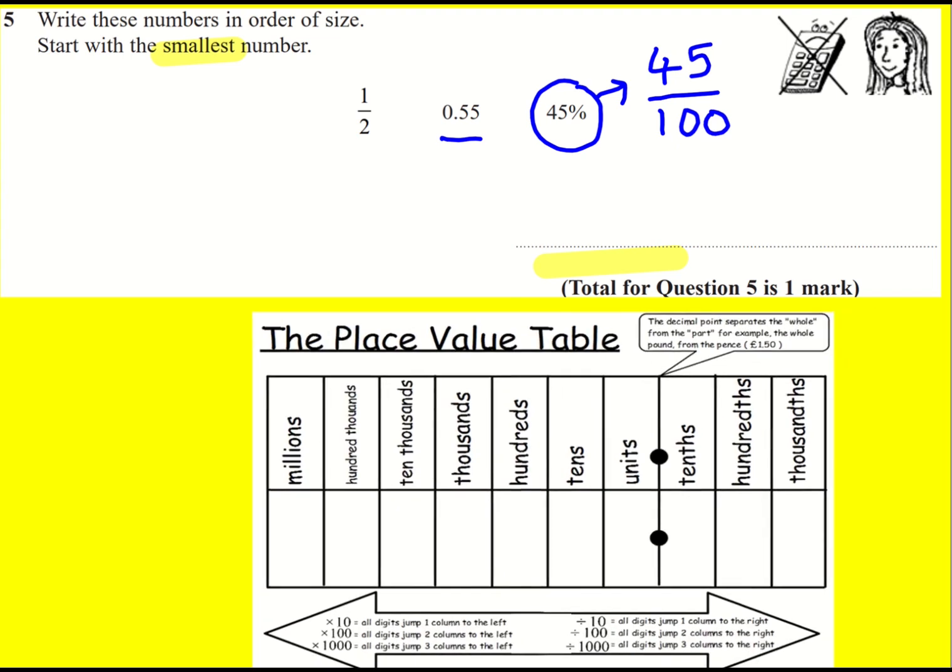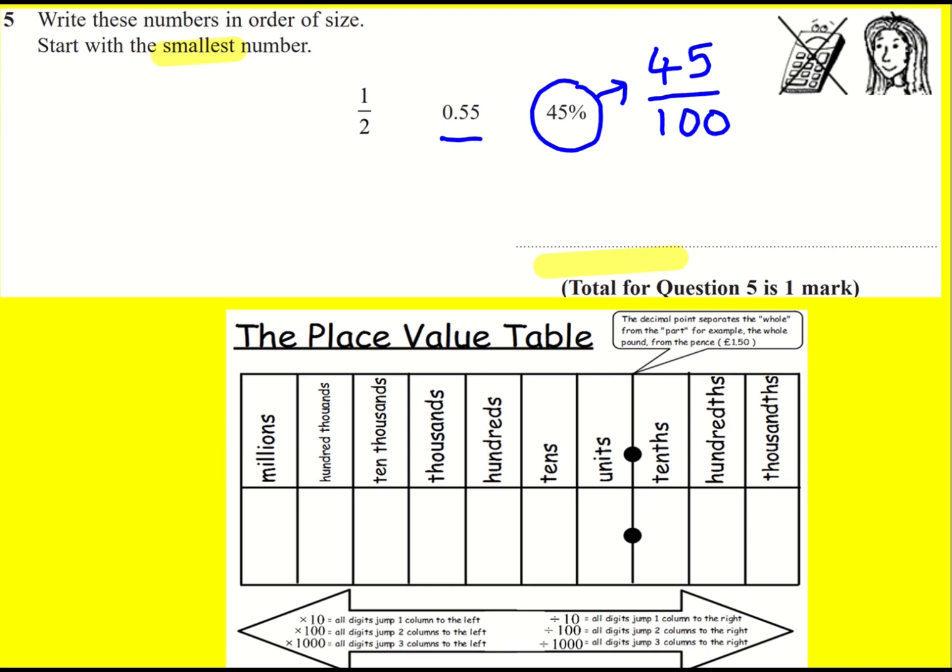Okay, and if I think about that in my place value table, 45 hundredths sits here. 45 hundredths, 0.45. Okay, 45 hundredths. There you go. So this is 0.45 as a decimal.